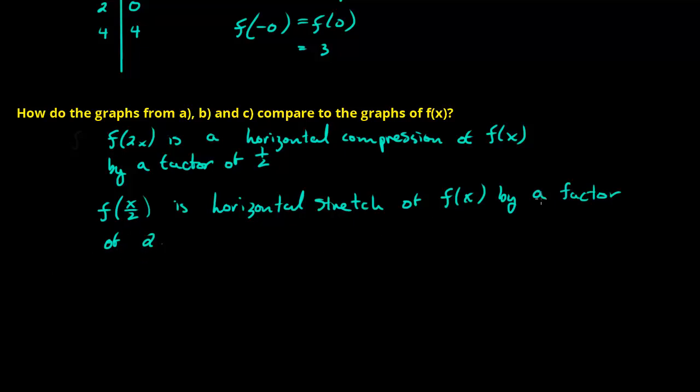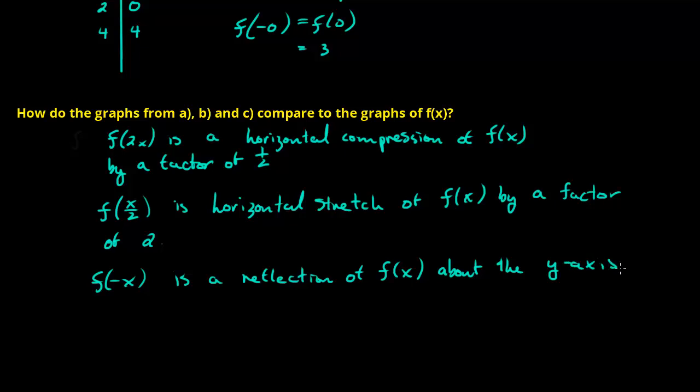That is, we've stretched it horizontally by a factor of 2. And f of minus x, we saw, is a reflection of f of x about the y-axis. So we're reflecting f of x about the y-axis when we graph f of minus x.